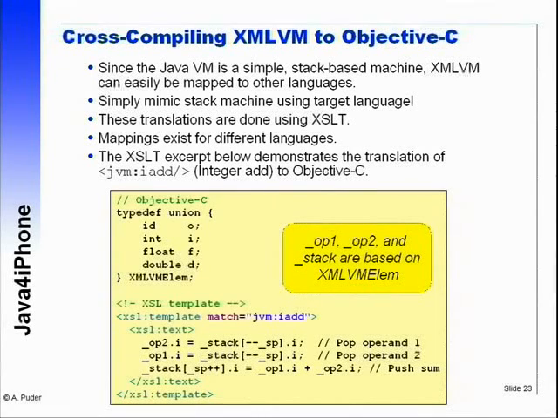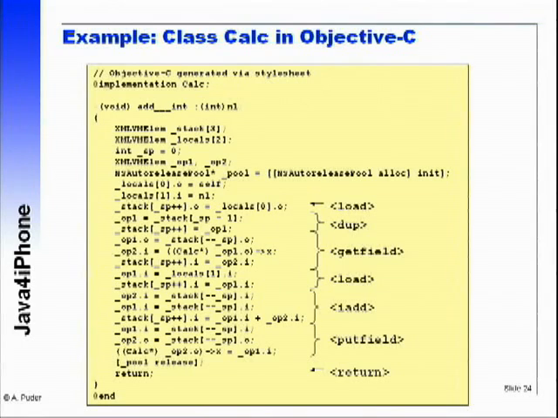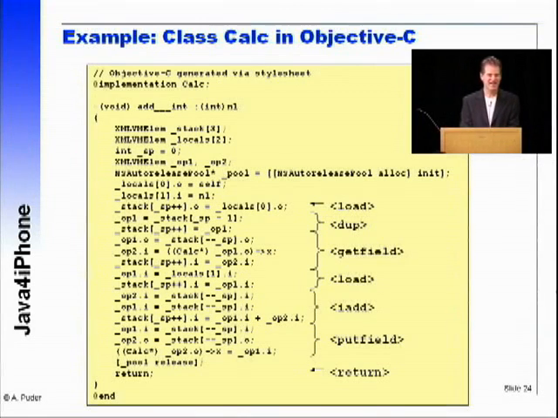Now, on the following slide, I show you what this class Calc looks like completely cross-compiled to Objective-C. Well, that's a lot more code than my original one-liner, x plus equals y. But first of all, the code you see on the slide is Objective-C code.